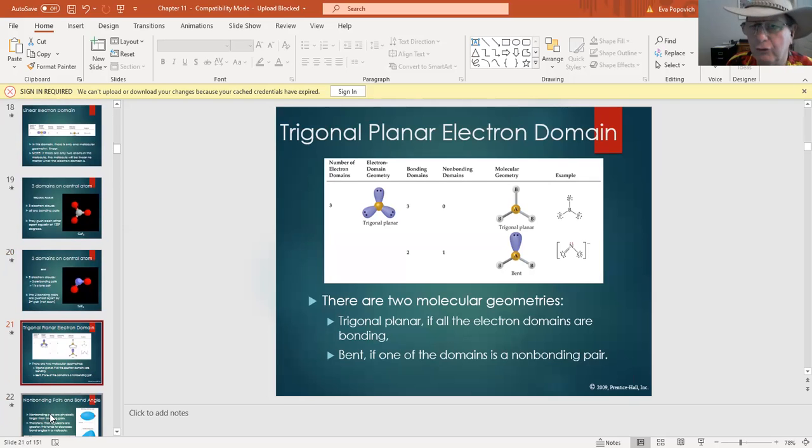I have trigonal planar electron domain. If there are no lone pairs, the molecular geometry is also trigonal planar. If I have one lone pair in there, I make a bent molecule, and the bent molecule's bond angle is going to be smaller than the trigonal planar where all 3 atoms are the same.